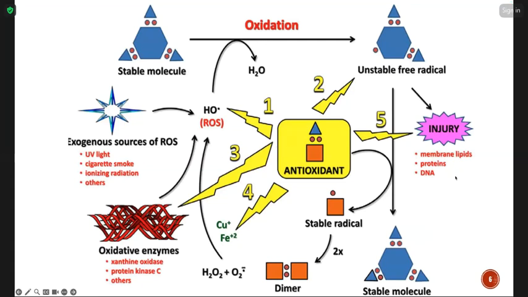There are five types of mechanisms. So first is the oxidative enzymes, and then we have the ROS from exogenous sources, as well as unstable free radicals, and the stable free radical.